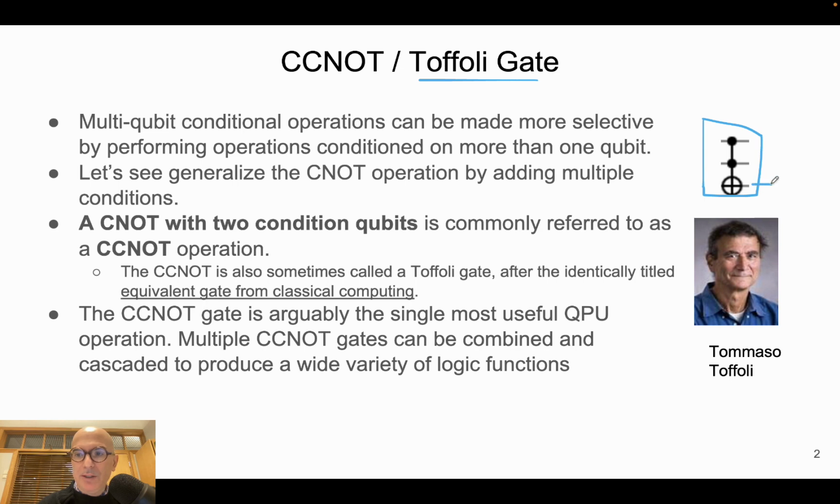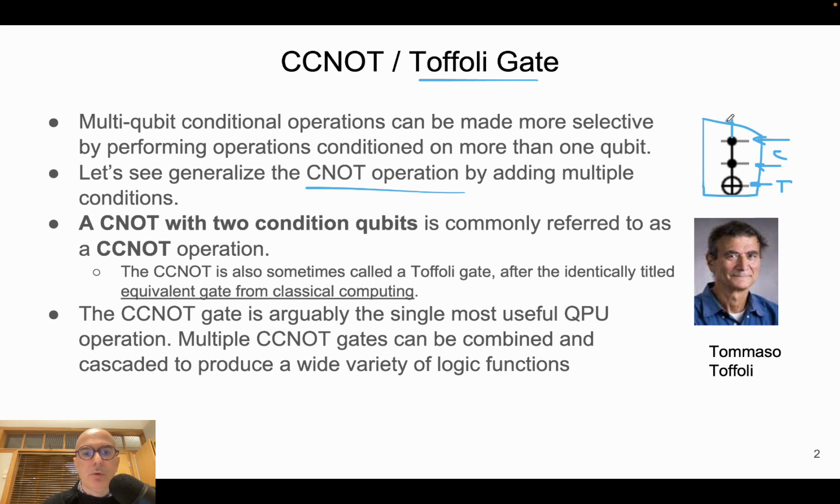We have our target gate that we know from CNOT, in this case a NOT, and then we have not only one control qubit but 2 control qubits. In order to have this NOT operation on the target qubit, both conditions need to be 1. So the Toffoli gate or the CCNOT gate is basically just a generalization of the CNOT operation by adding multiple conditions.